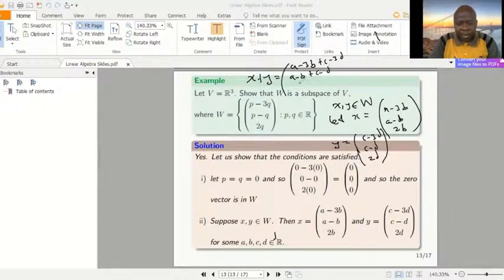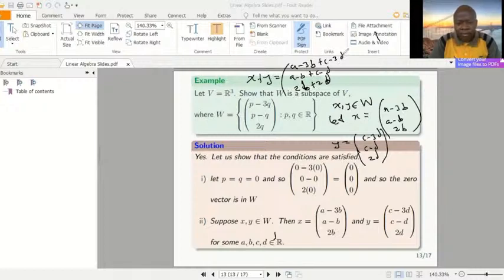And this other one will be 2b plus 2d. Let me begin with those of x and then followed by those of y.